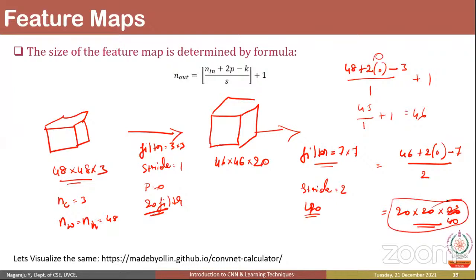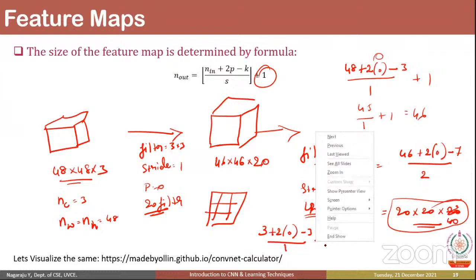Okay. So as I told, I explained how it comes. Then why do we have the plus 1? Simple. Imagine you are using a 3 × 3 input image and you are applying a 3 × 3 filter itself. What is going to be our output? I'll substitute here: 3 × 3 input size, no padding, kernel size 3, stride 1.